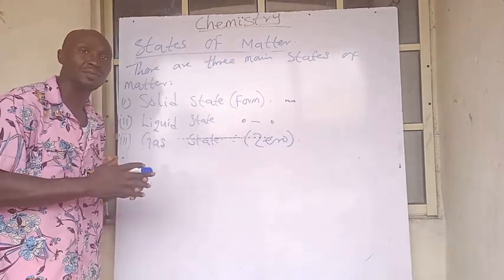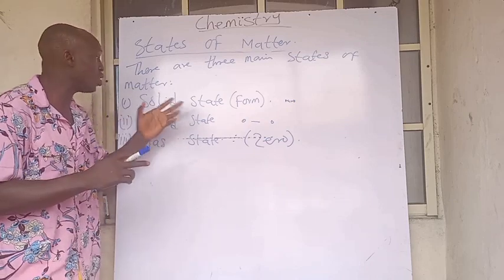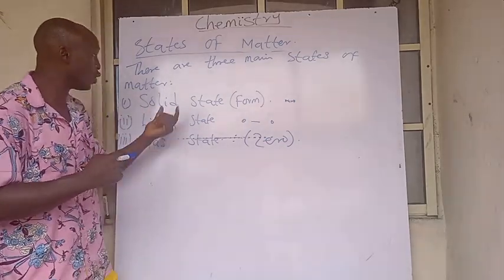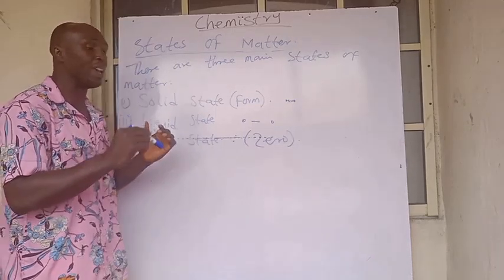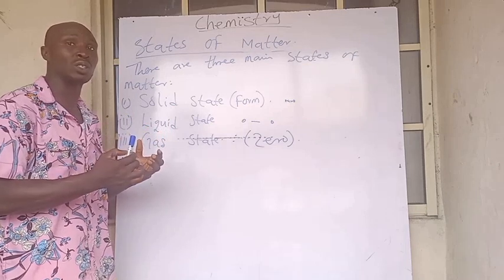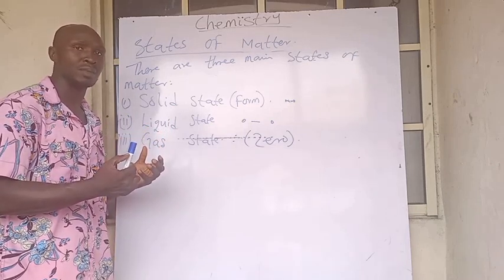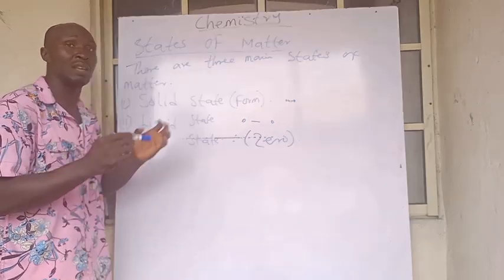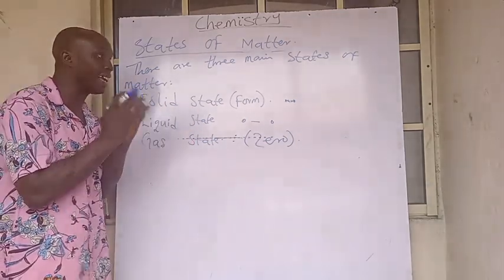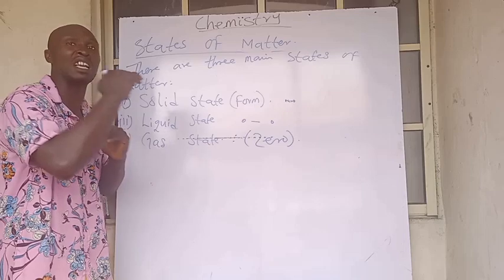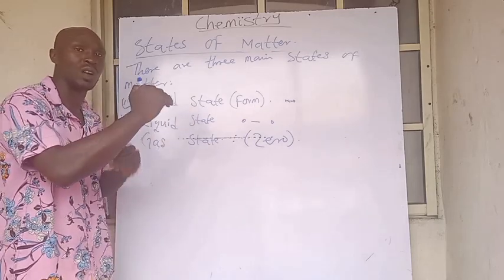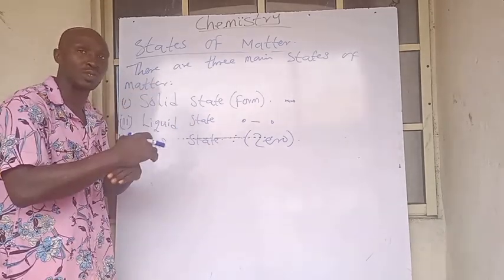Another thing you must also remember is that solid matter can appear as a crystalline material. What is a crystalline material? It's matter that has a regular method of arrangement of its atoms or molecules or ions.